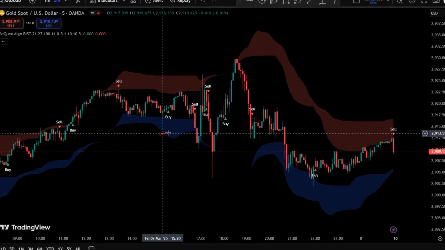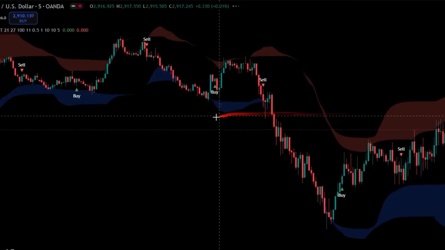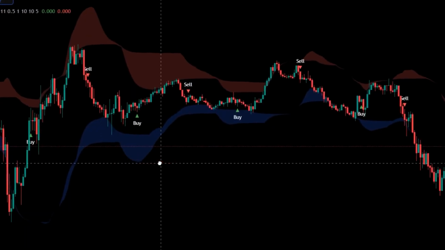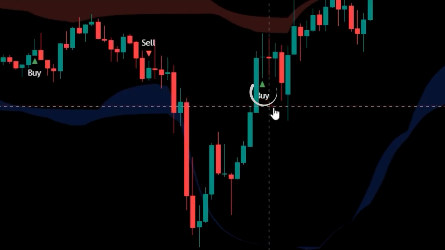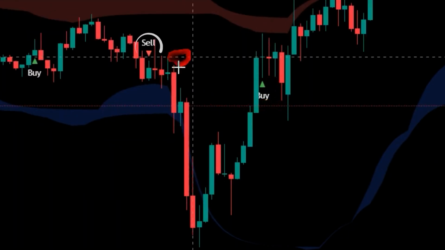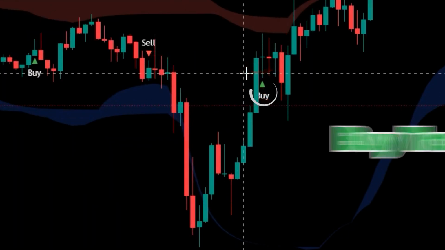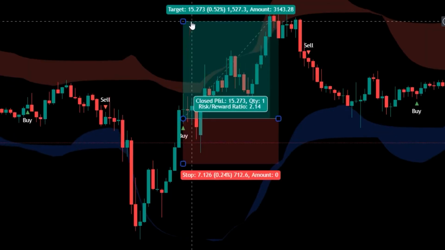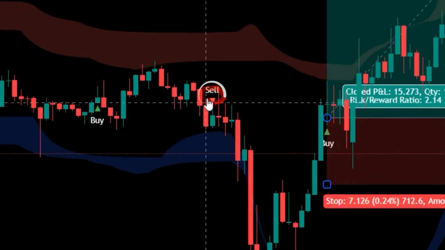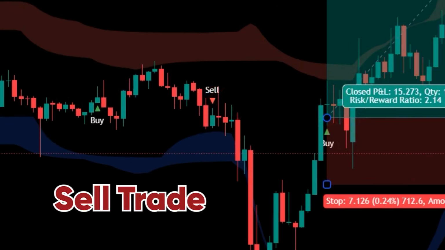You don't need to know what this indicator is, where it came from, or how it works. Just look at the signals it generates. We only use this indicator for buy and sell signals. Whenever we see a buy signal, we enter a buy trade. And whenever we see a sell signal, we enter a sell trade.